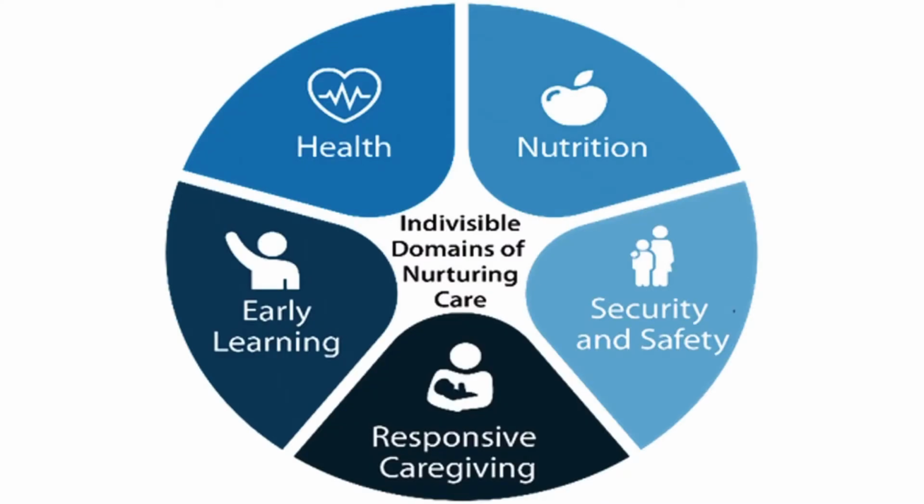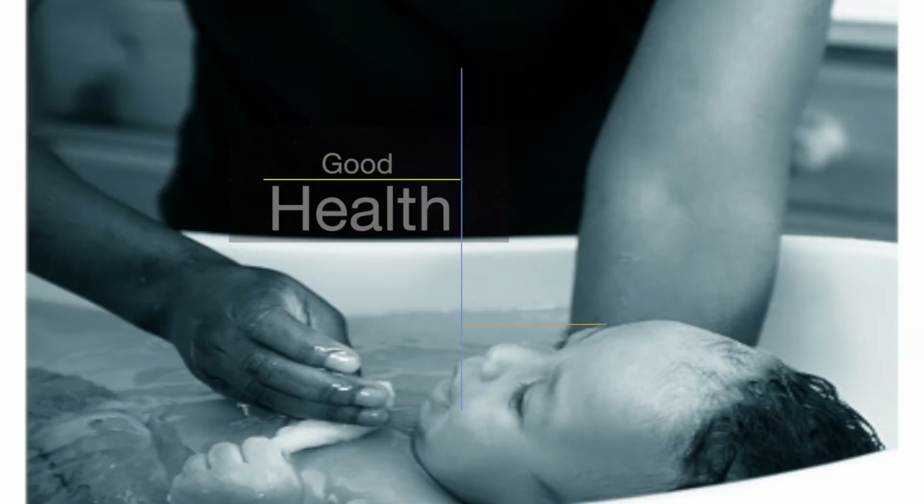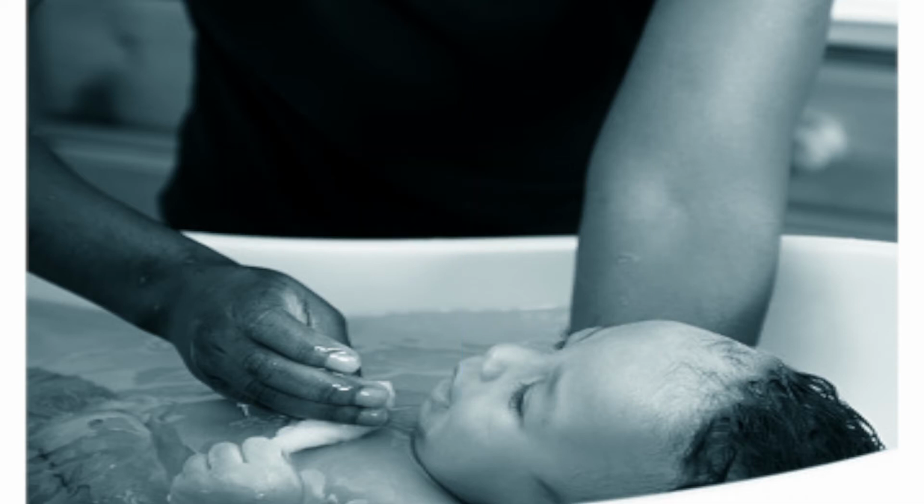The Nurturing Care Framework has 5 basic components that talk to the pillars of what a child needs. The first component is good health, and good health applies to both the mother and the child, because the health of the mother will affect the health of the child.